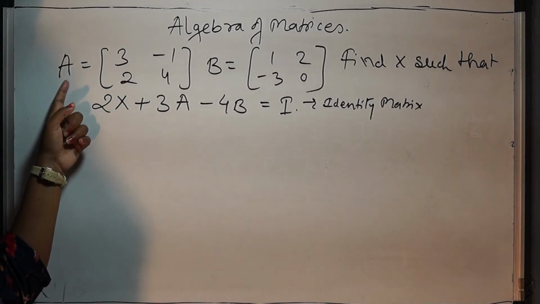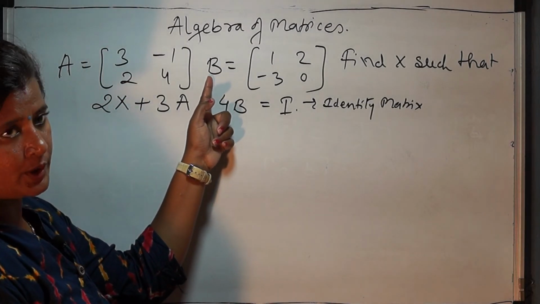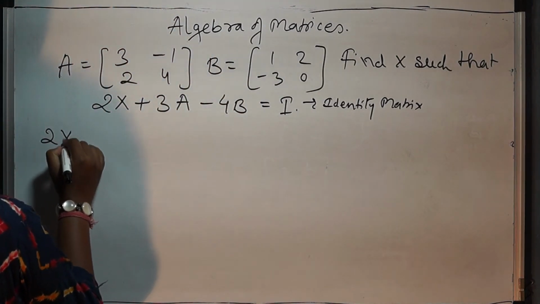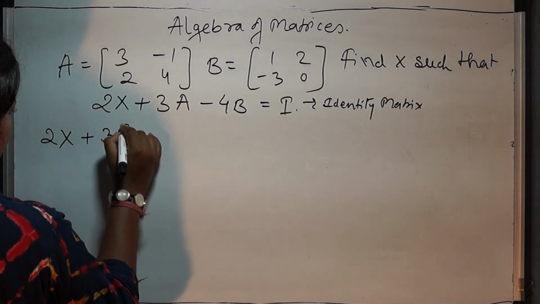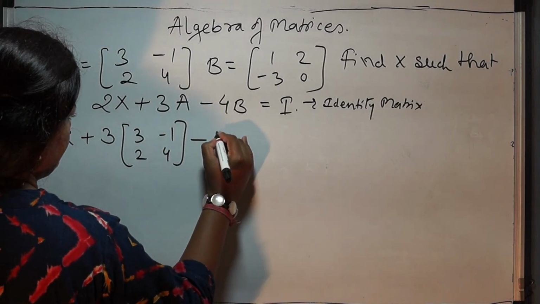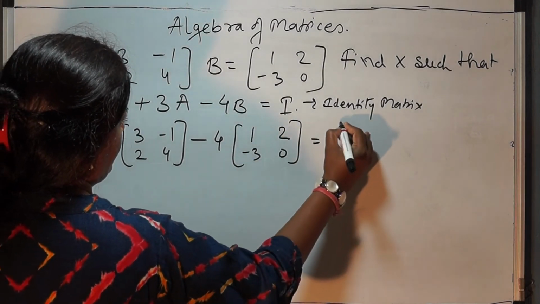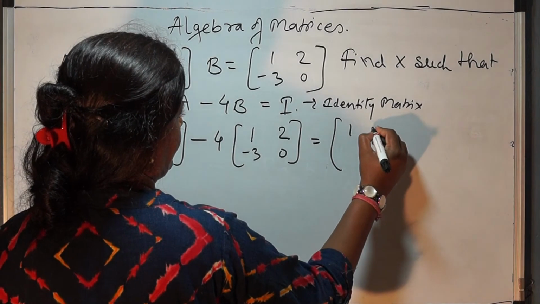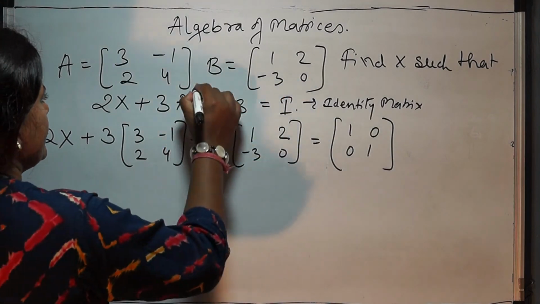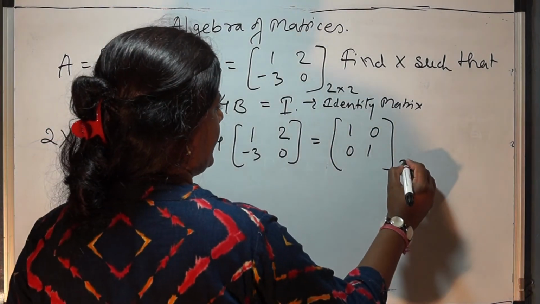3A means we have to multiply 3 with this A matrix, and 4B means we have to multiply 4 with this matrix. Okay, so just we'll put the values. 2x plus 3 A matrix, minus 4B, is equal to, now we have to write the identity matrix. Since 2 by 2 matrices are there, we'll take the 2 by 2 identity matrix only.